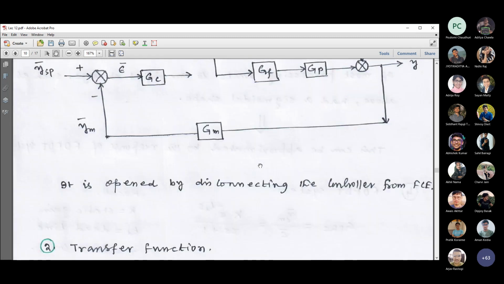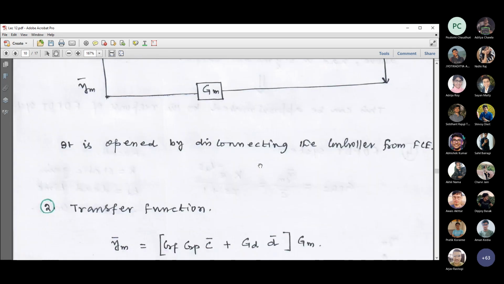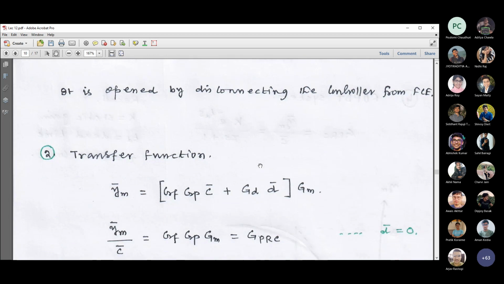Now let us find the transfer function for this process. From the above block diagram, I can write this equation. I think there is no difficulty in getting this equation.